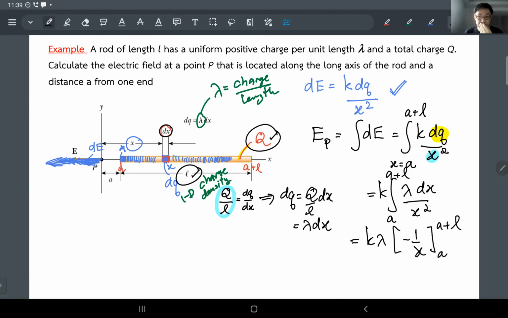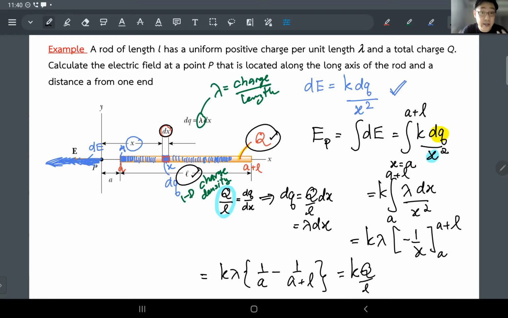You guys with me here? See? And then now the last step, you just plug in the upper limit, subtract out the lower limit. And because you have a negative sign in it, you can do just 1 over a minus 1 over a plus L. And at the end, you can do some manipulation and smooth things out a little bit. You can say k, capital Q over L, that's for the lambda.